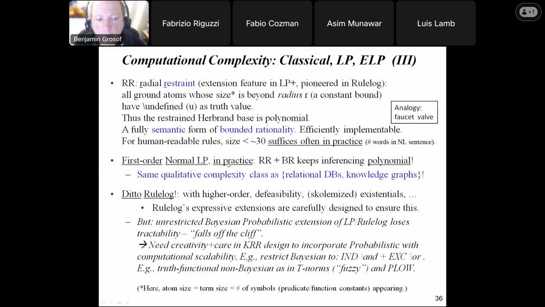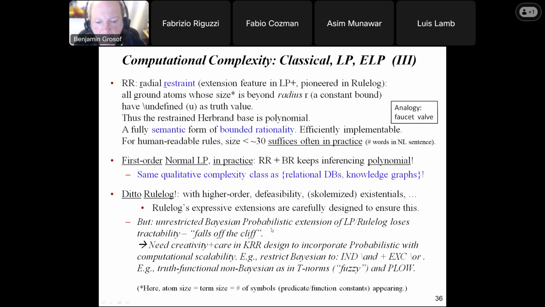No more complex computationally, qualitatively, than relational databases and knowledge graphs. And the same is true of Rulog. With higher order, with defeasibility, with Skolemized existentials, many other expressive extensions, although not with unrestricted Bayesian. And the expressive extensions in Rulog are carefully designed to ensure this.